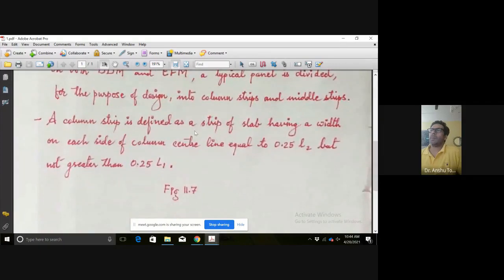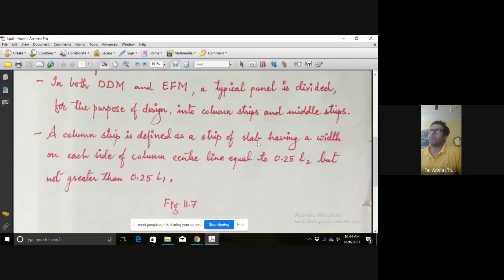A column strip is defined as a strip of slab having a width on each side of the column center line equal to 0.25 L2 but not greater than 0.25 L1. So if the span on one side of the column is L2 and the span on the other side of the column is L1, the panel width is according to this ratio.